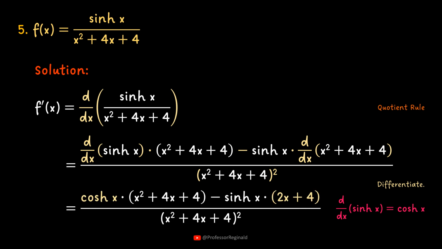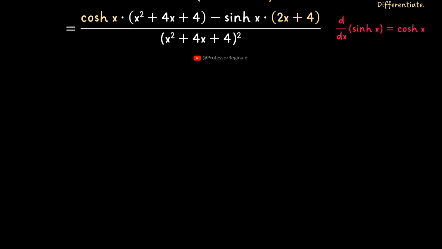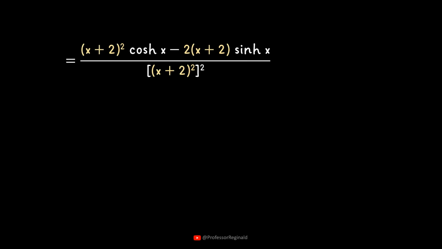Simplify the derivative by factoring the polynomial on each term of the numerator and factoring the denominator. Next, divide out a common factor between the numerator and the denominator.